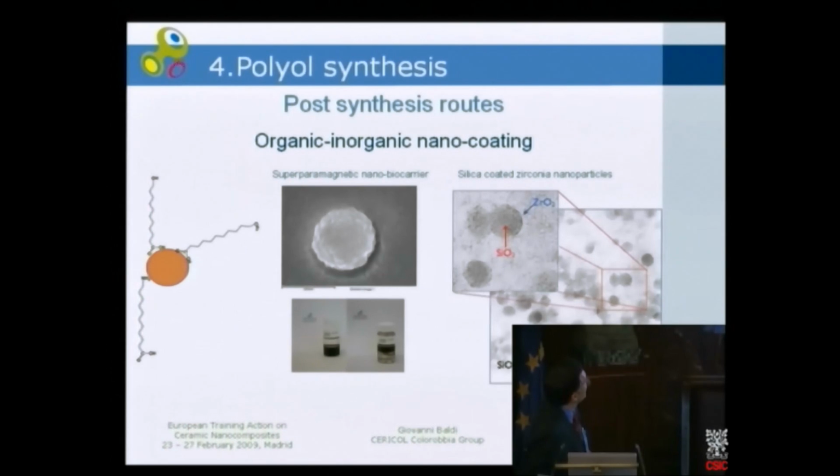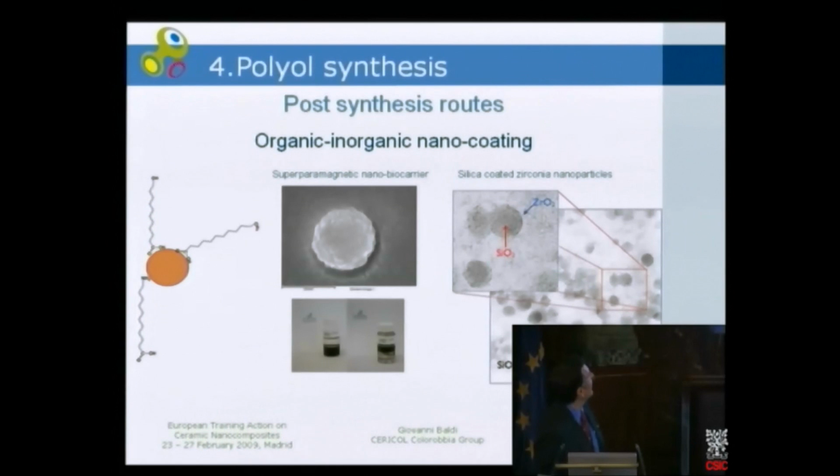In the second image, you can see a superparamagnetic nanobiocarrier that is made of an inorganic core of cobalt ferrite surrounded by a proteinaceous shell.